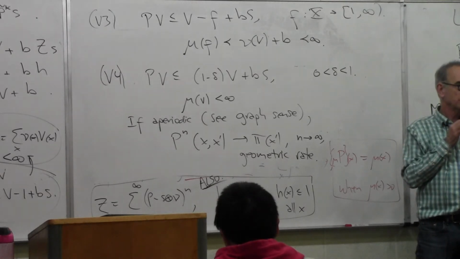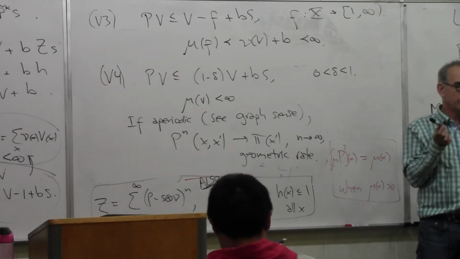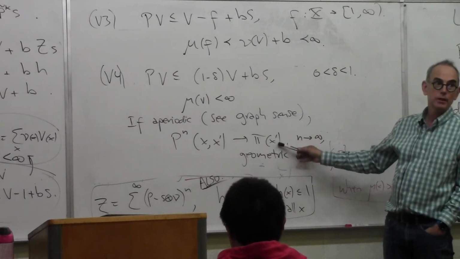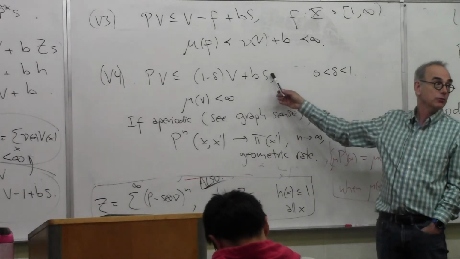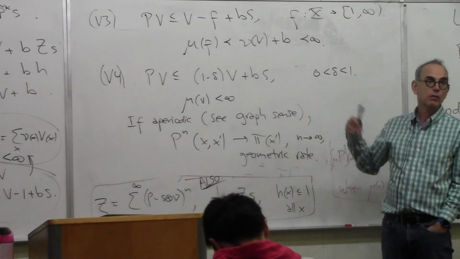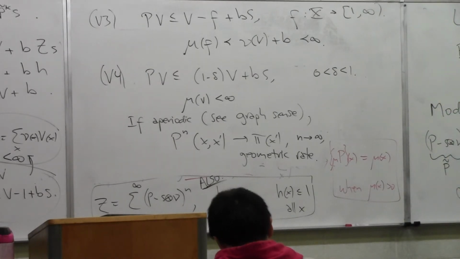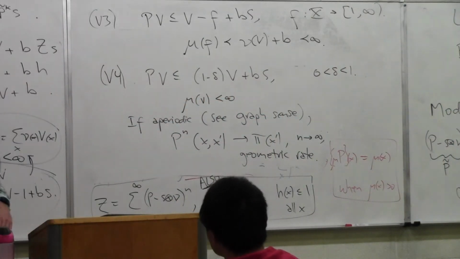You need a little bit of linear algebra. And I know half of you aren't that comfortable with linear algebra, so I won't do it. But this is equivalent to this. So you get geometric convergence to steady state if and only if there's a Lyapunov function like this. And the proof would take me 20 minutes if you had the right linear algebra background. Anybody that wants the reference, I can send it to you.